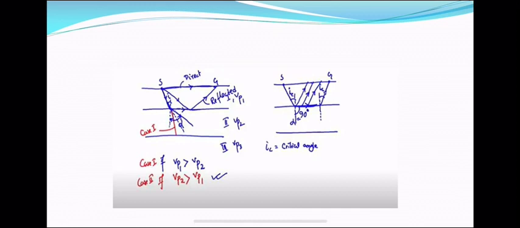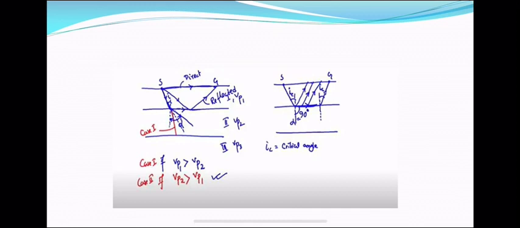So we are removing the reflected wave, it will not reach first, because either the direct ray will reach first or the refracted ray will reach first. We are now removing the reflected rays, because we are talking about the first arrival time of the wave. So the reflected ray will never reach first.